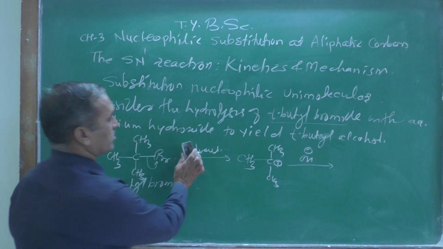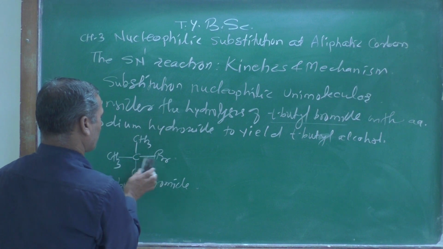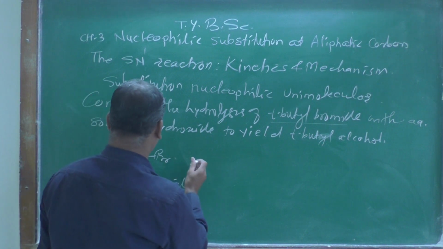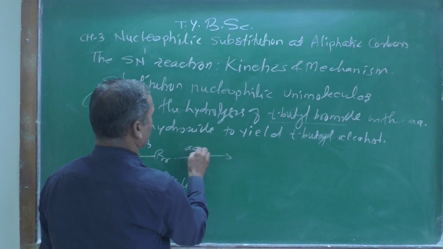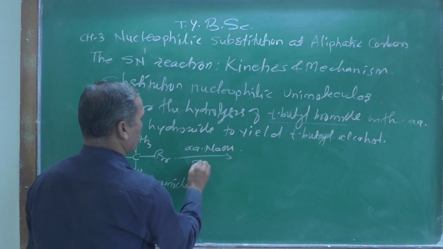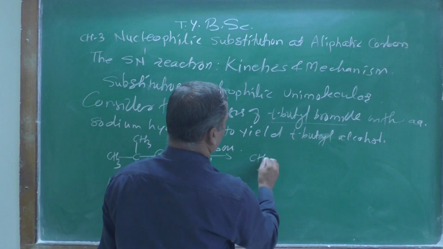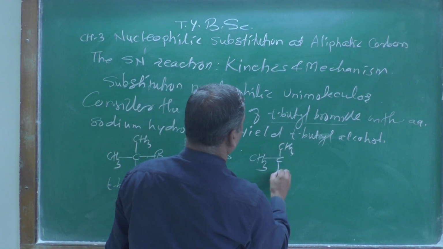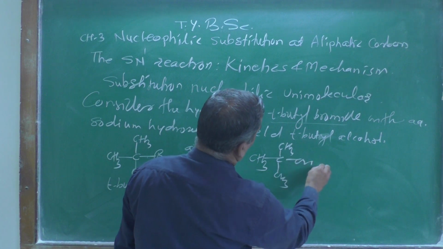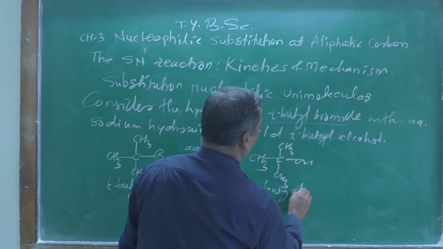But just remember before that, tertiary butyl bromide treated with aqueous sodium hydroxide is an SN1 reaction. We are going to get this compound, (CH3)3C-OH, that is tertiary butyl alcohol.